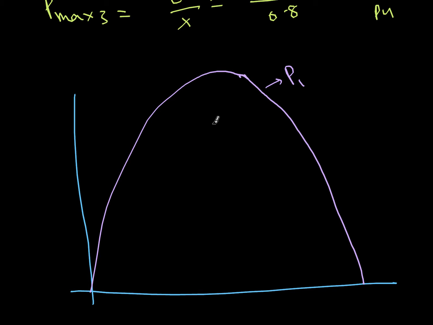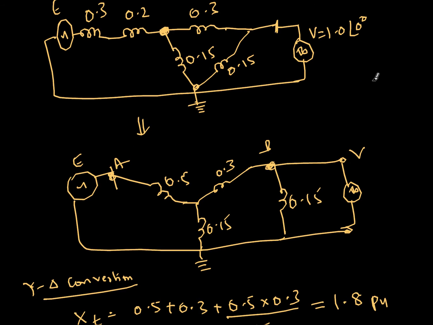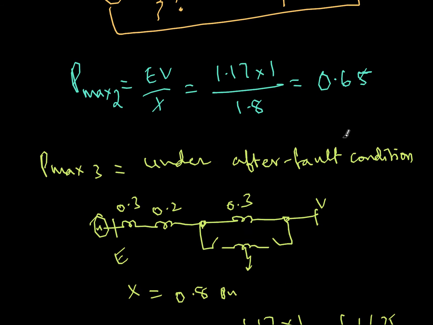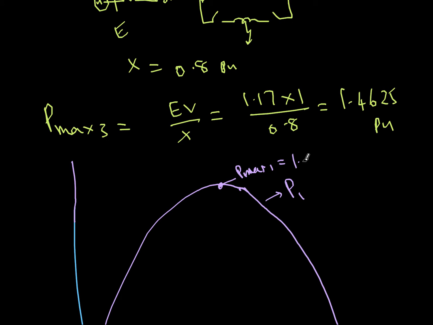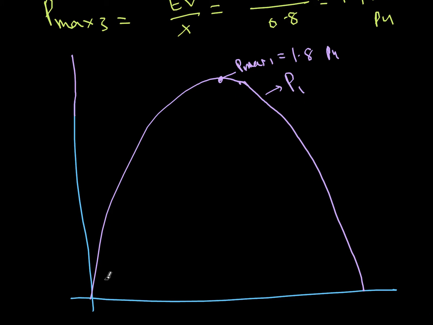So the maximum value here, Pmax1, will be equal to 1.8 per unit. This is under normal operation. Now if I have a fault, under faulted conditions, this is my Pmax.